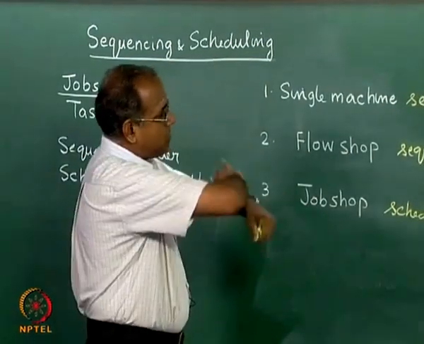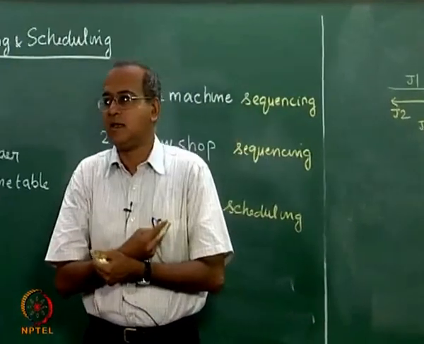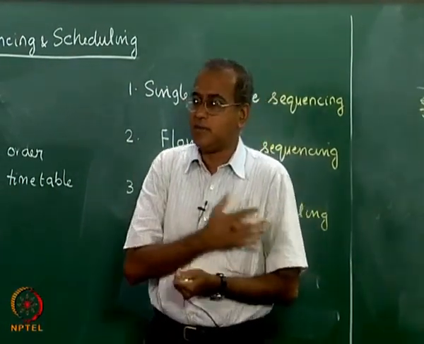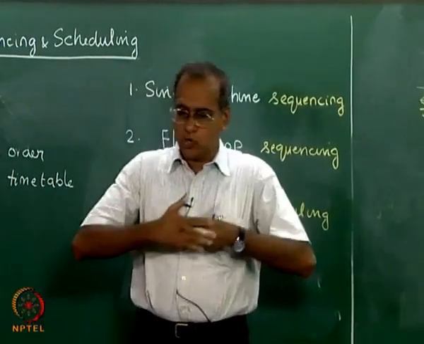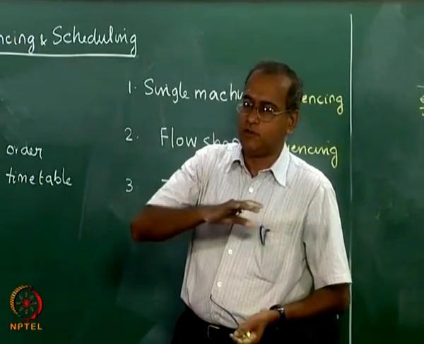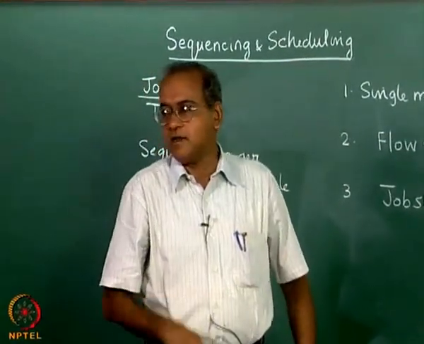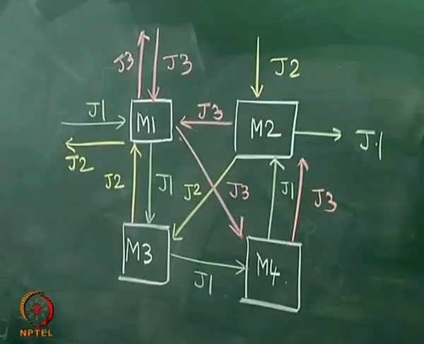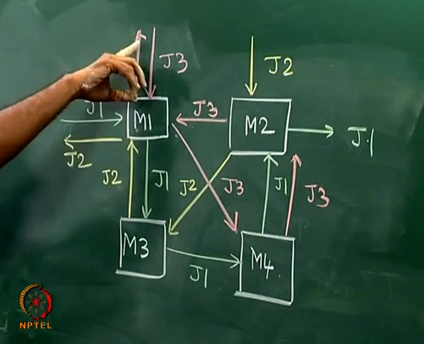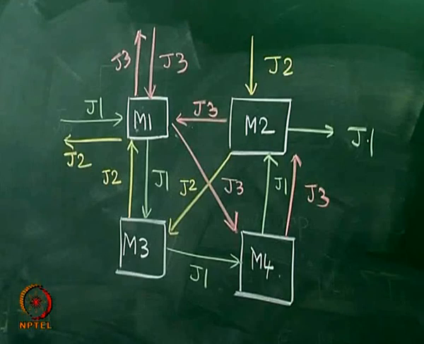So job shop is the most flexible, a kind of unconstrained system, but in spite of all of that, the route for each job is very clearly defined and each job will follow its route, and there is a processing time associated with each one of them. For example, J3 on M1 will have a processing time, J3 on M4 will have a given processing time, and so on.